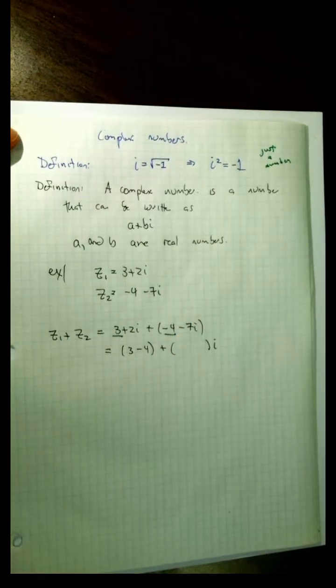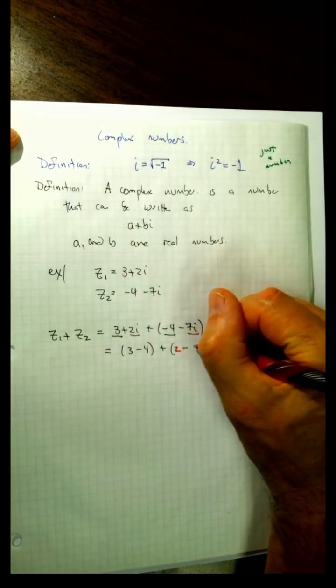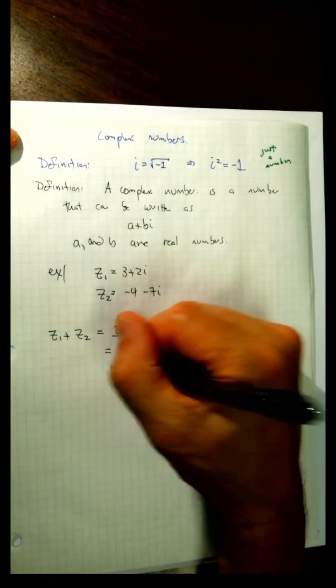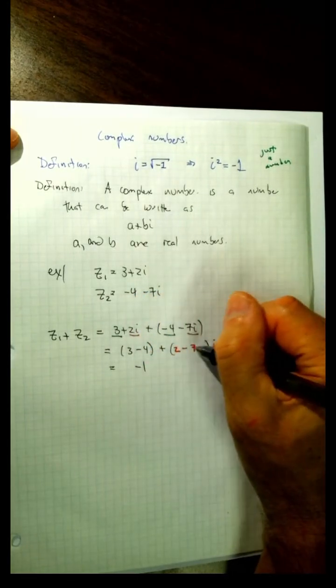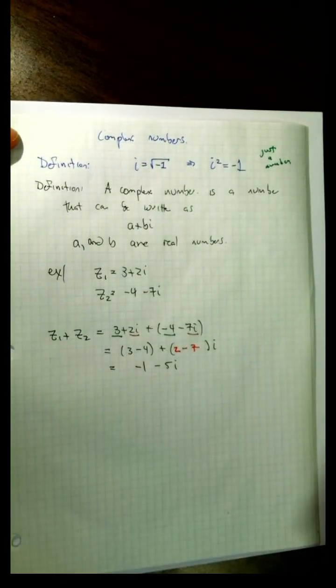And then I'm going to take the parts with an i. So I'm going to have 2i and minus 7i. I can write like that. And now I can deal with each of these things separately. 3 minus 4 is minus 1. 2 minus 7 is minus 5. So z1 plus z2 is minus 1 minus 5i.